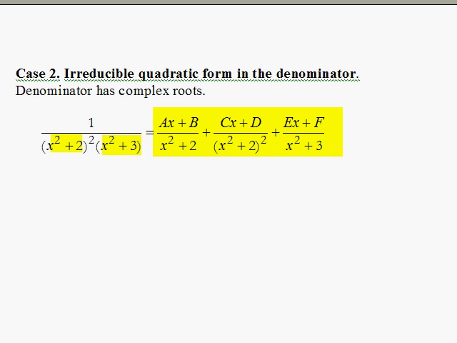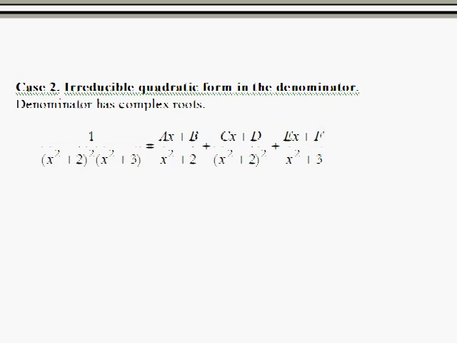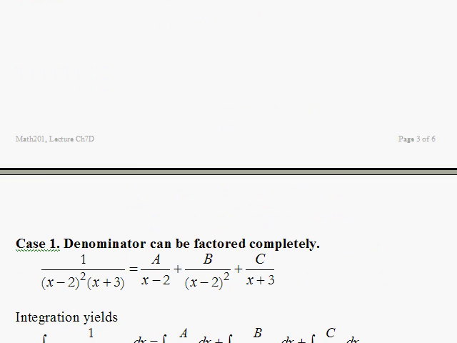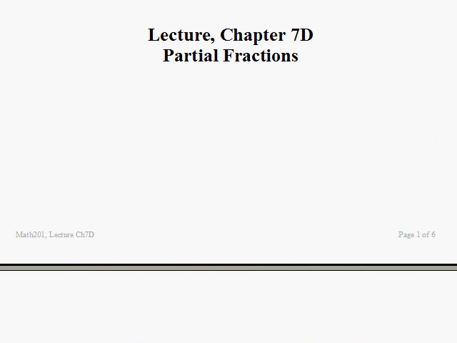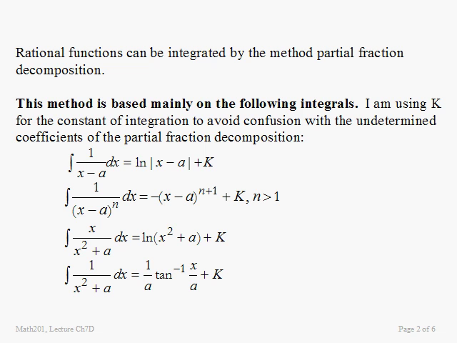The idea is you have a rational function, you make the partial fraction decomposition, and you go back to the original slide here. You end up with terms that look like this.